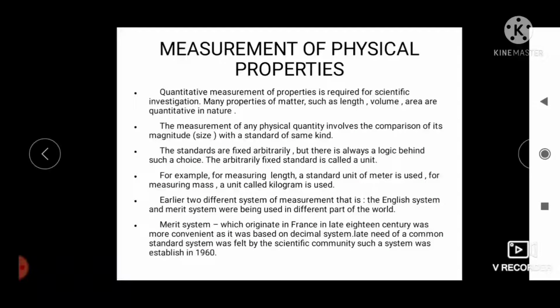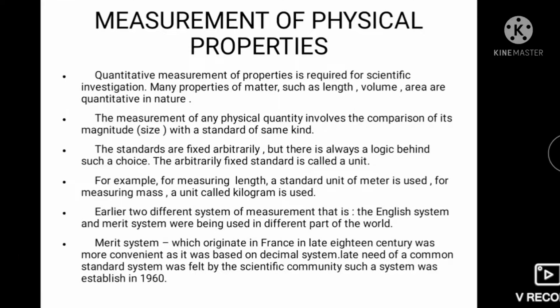I hope you have understood the difference between physical and chemical properties of matter. Chemists describe, interpret, and predict the behavior of substances on the basis of knowledge of their physical and chemical properties, which are determined by careful measurements and experimentation.